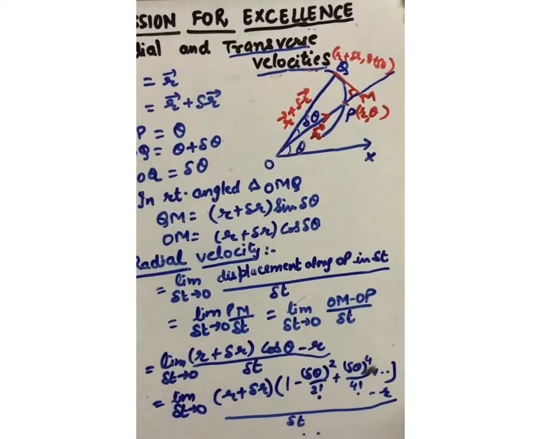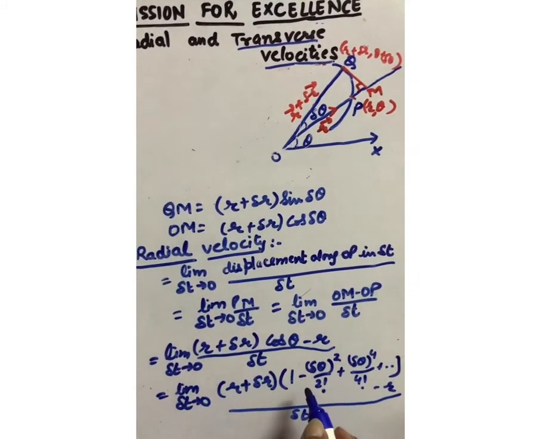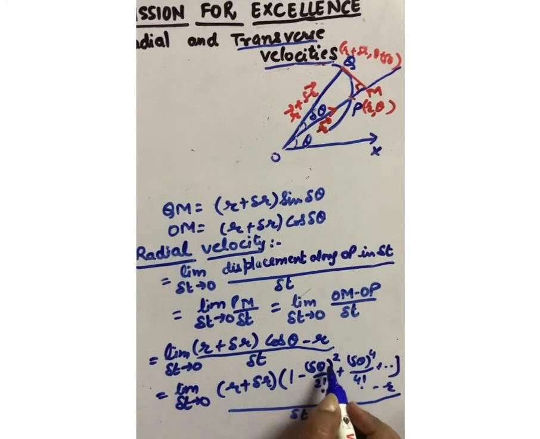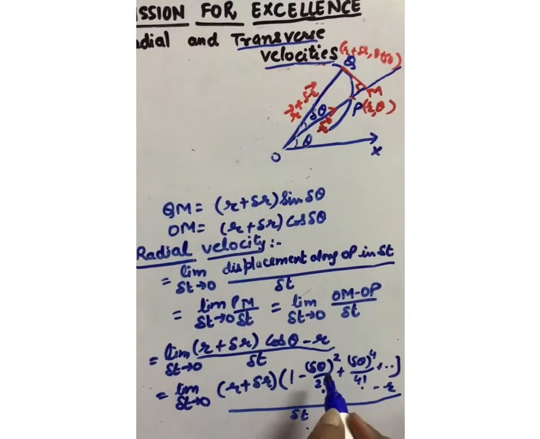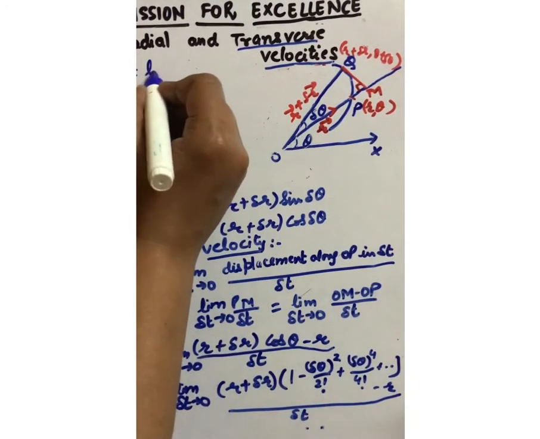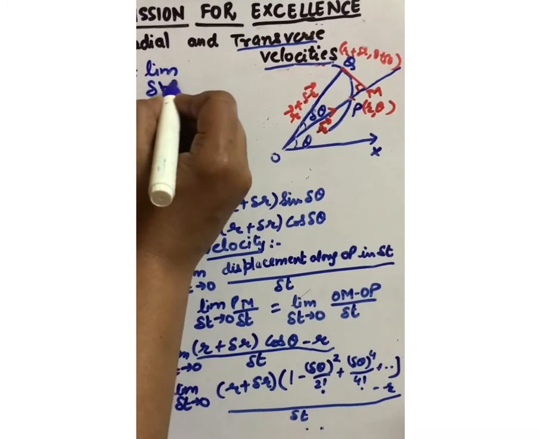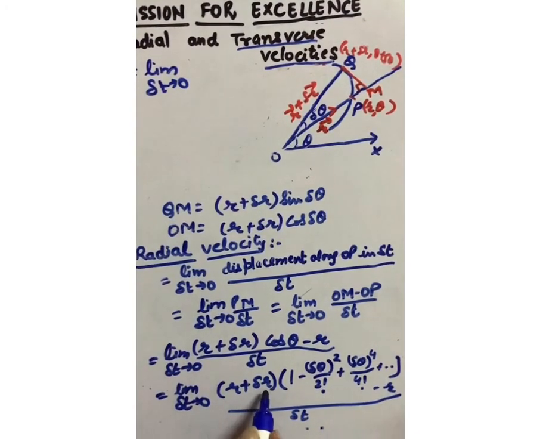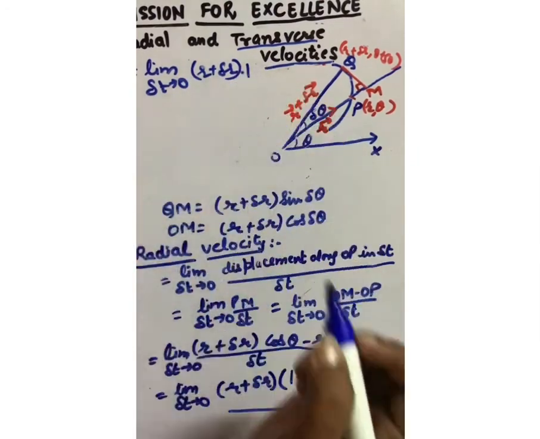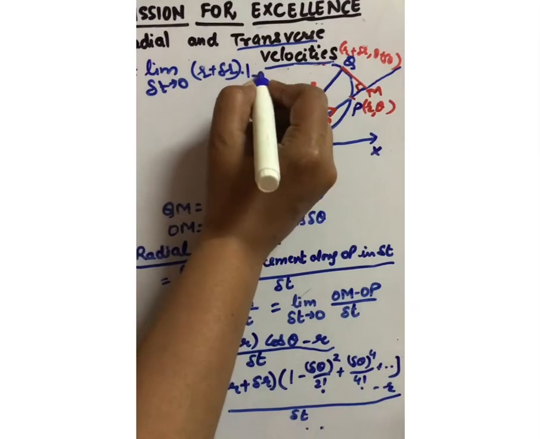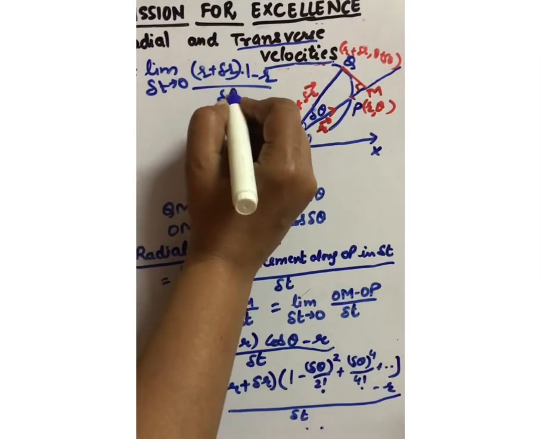So now here we get the terms delta theta square, delta theta raised to power 4. As we know, the increment in theta is very small, so we neglect these higher powers. So we get here only 1. So now we get here limit delta t tends to 0 R plus delta R into 1, and here we have minus R divided by delta t.